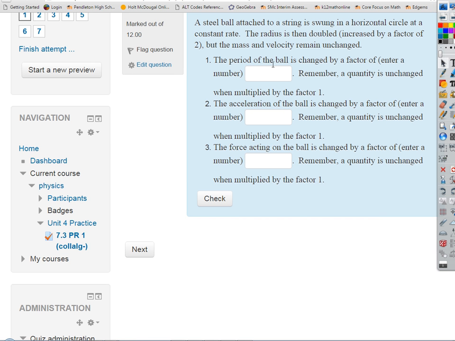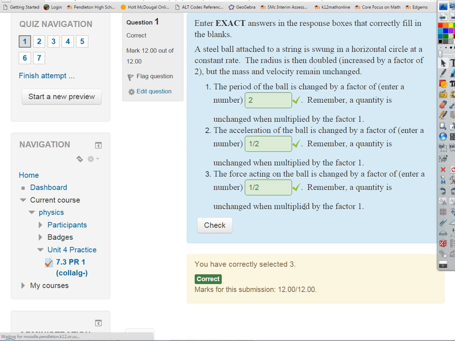So this one should be 2. This one should be 1/2. And this one should be 1/2. Because the mass, and we'll talk about that in just a second. That's an easy one. Yours must say something different. Okay, well, you just keep teaching.